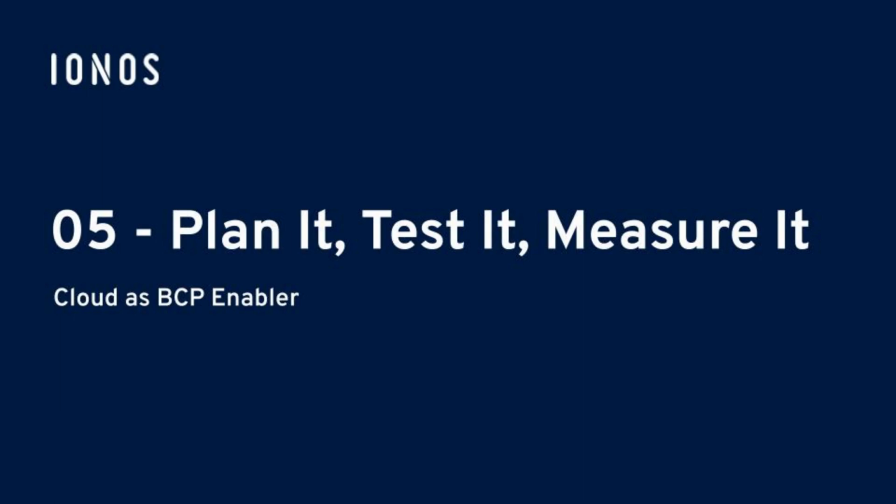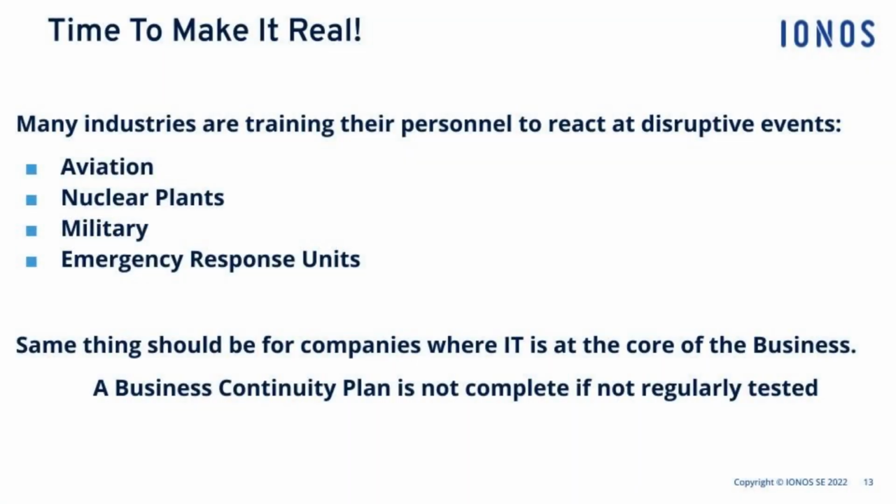So, cloud as a business continuity plan enabler. Why? Because many industries train their personnel to react in case of emergency, like aviation, nuclear plants, military operations, emergency response units. This is something that is well known, because pilots do train for when there is a fault on the engine.